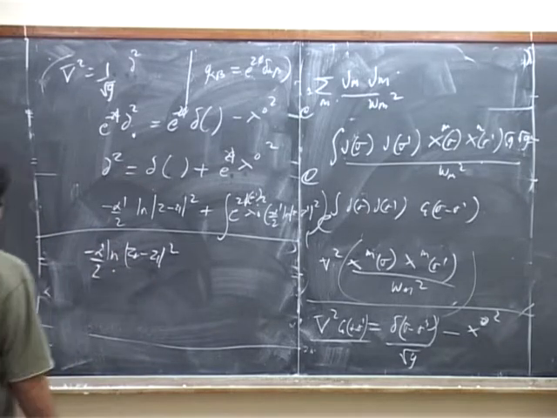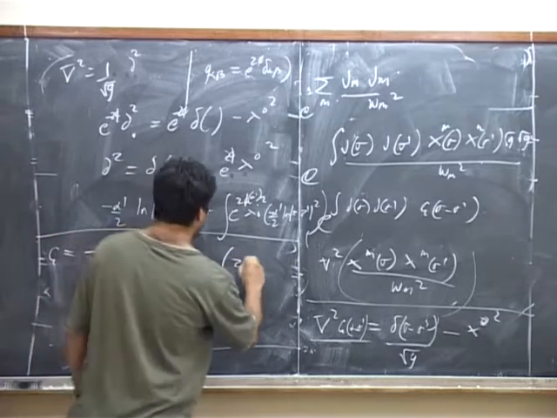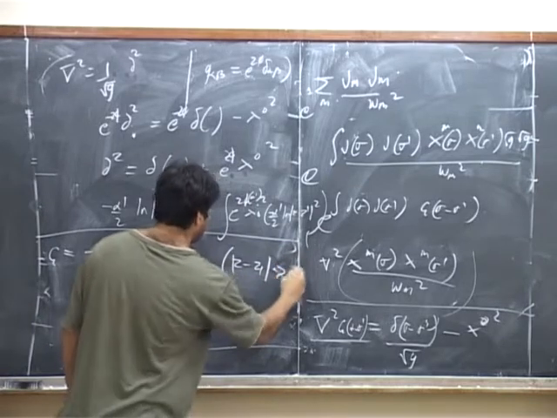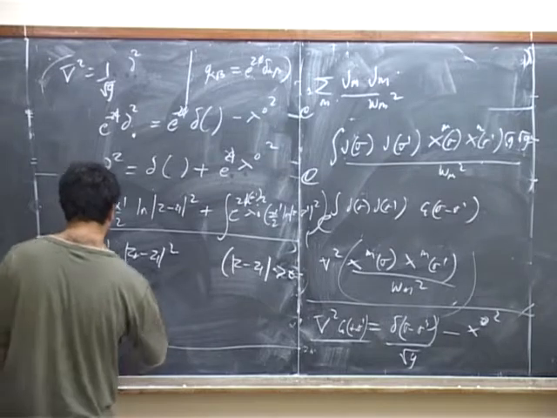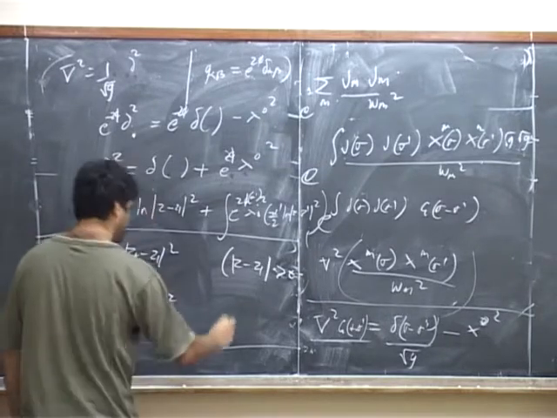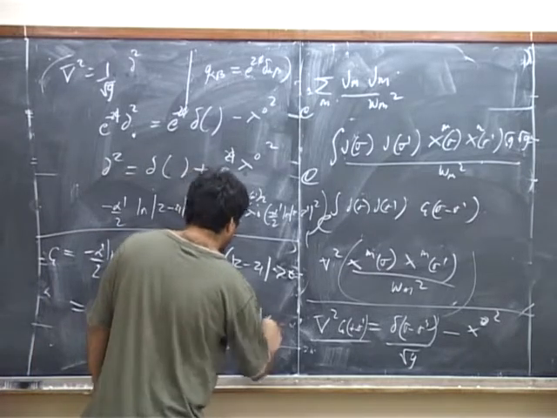So you might be very tempted to say that g is equal to this when |z minus z1| is greater than epsilon, and is equal to minus alpha prime by 2 log of epsilon squared for |z minus z1| less than epsilon.